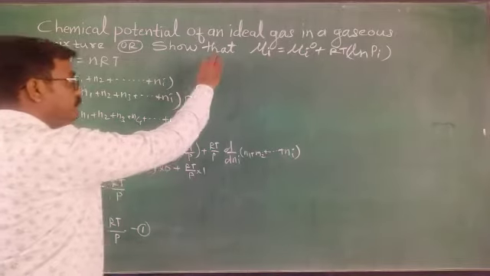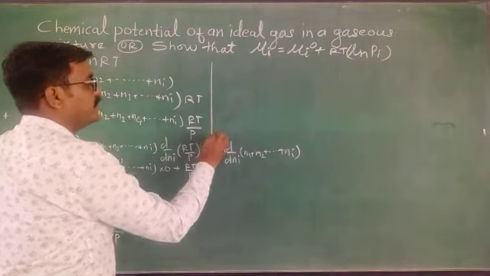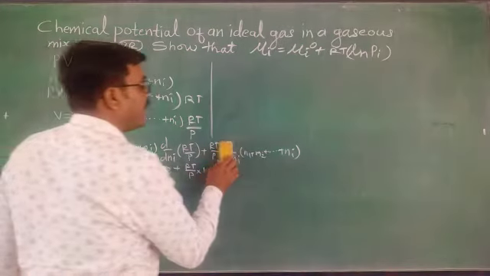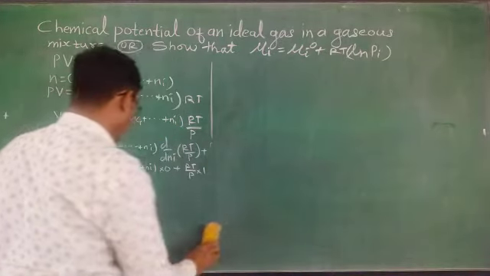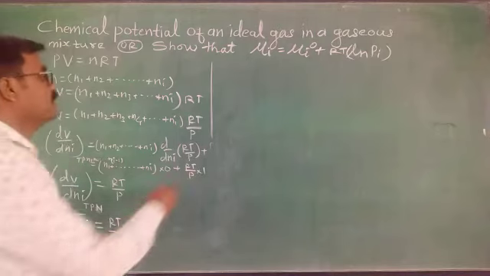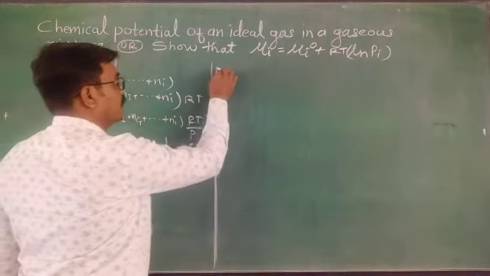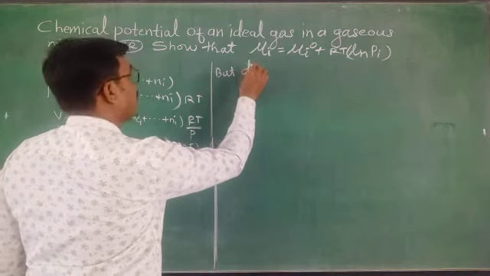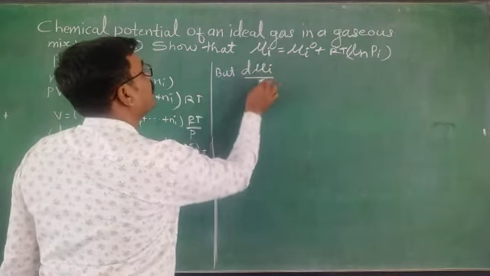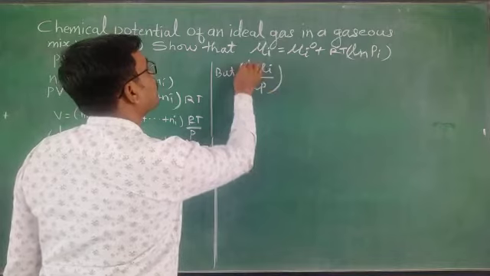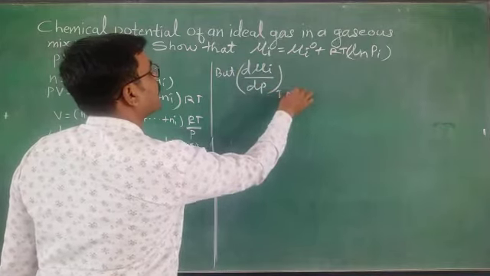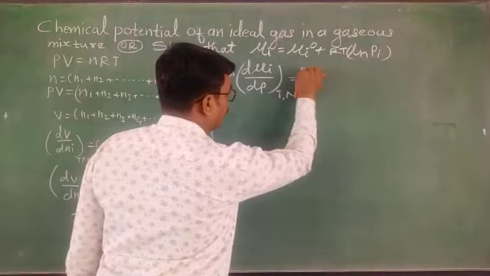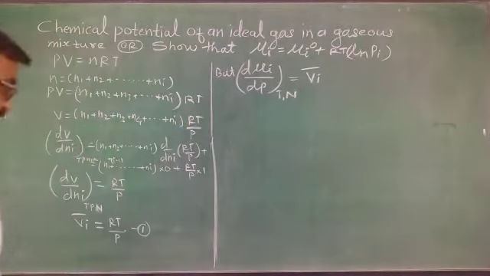Now further, if we solve it, then by definition, we know that the change in chemical potential with respect to change in pressure at constant temperature and other constituents is also equal to Vi bar. What is it?